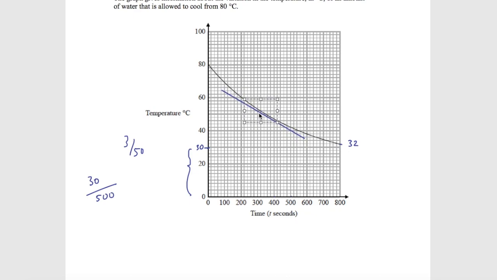If I move this line up here, you can see it clearly doesn't represent the slope, and if I move it down here, it doesn't either. But somewhere around this point, you can see how the slope of the line matches the slope of the graph, and it starts to go off a little bit when I move down.